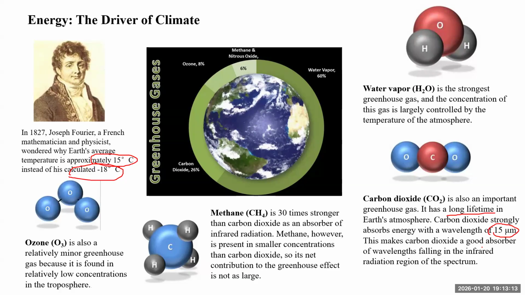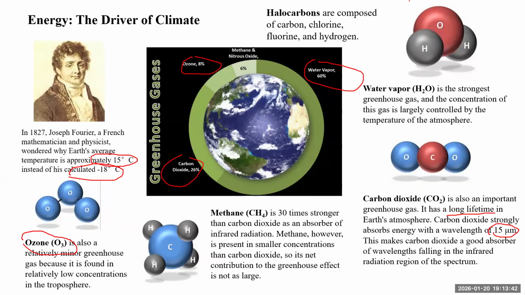And the third, also ozone, I think here, is the third one. Ozone is a relatively minor greenhouse gas because it is found in relatively low concentration in the troposphere. And there are others, including halocarbons.